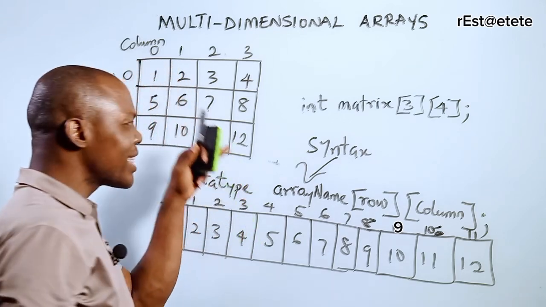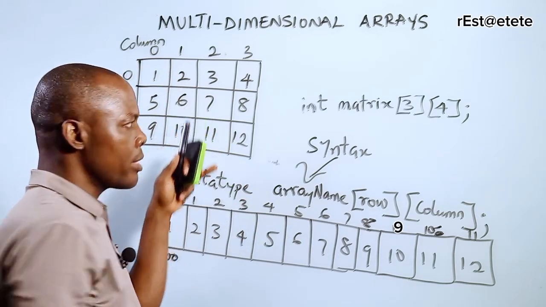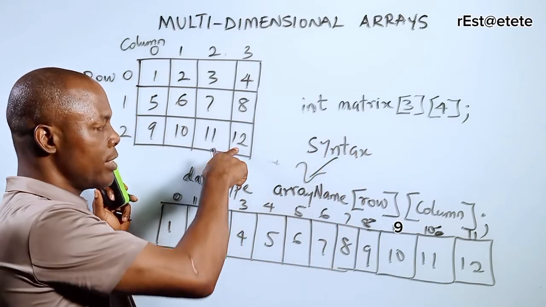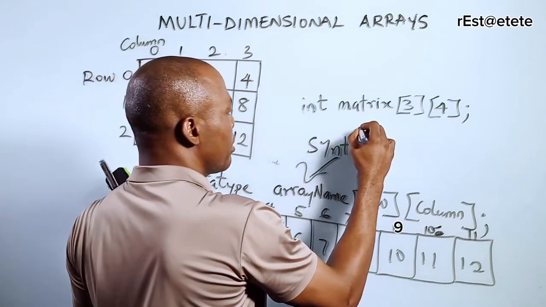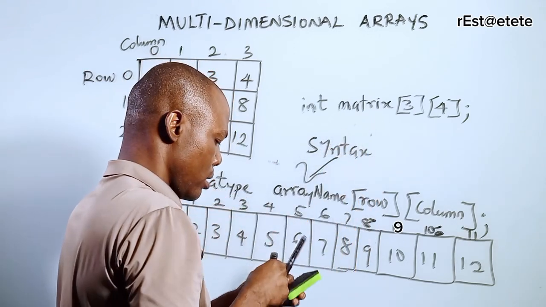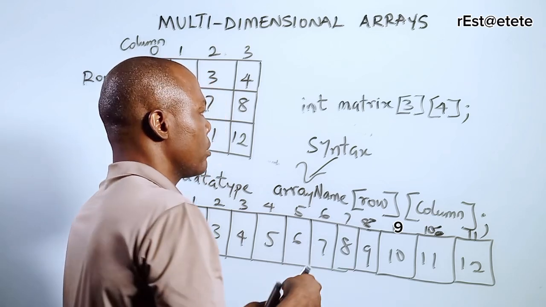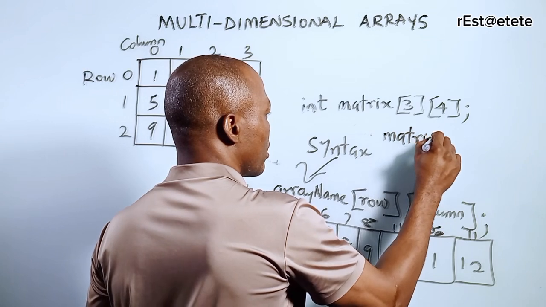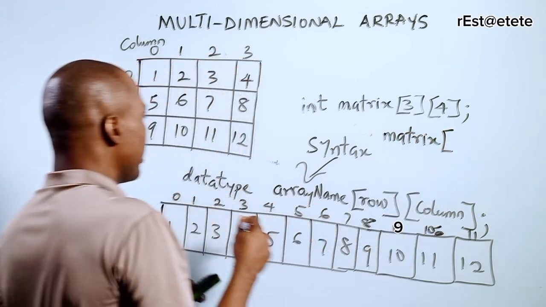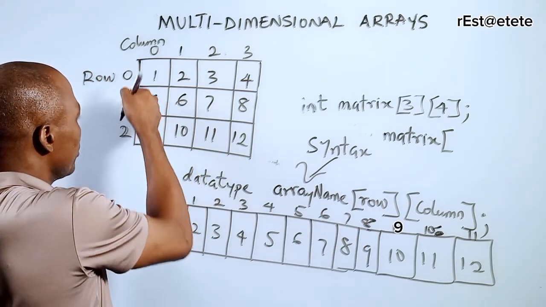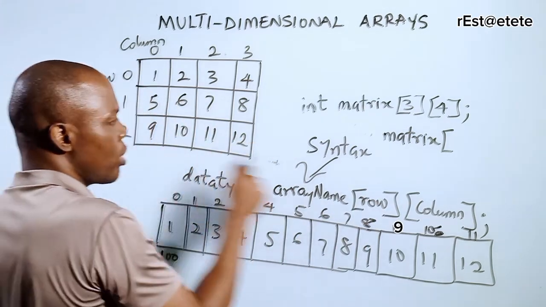But when you want to access an element in the array, you are going to use the indices. So to access, say, this 12, it will be matrix, then you are looking at the row. So which row is this? The index of this row is what? 2.